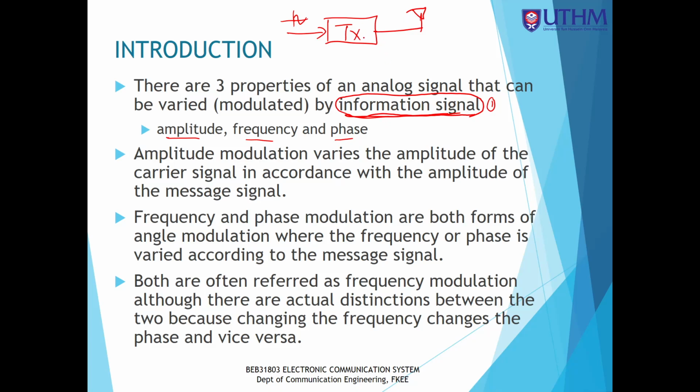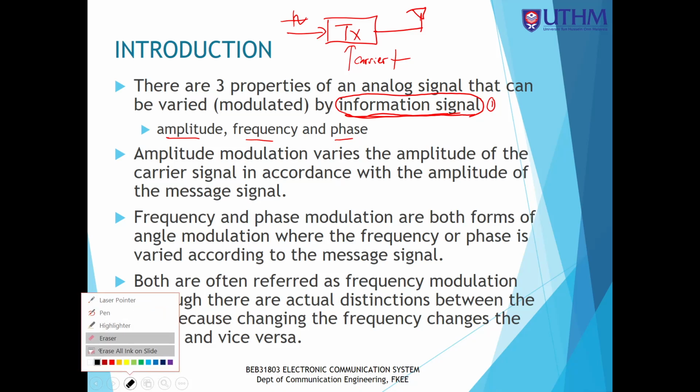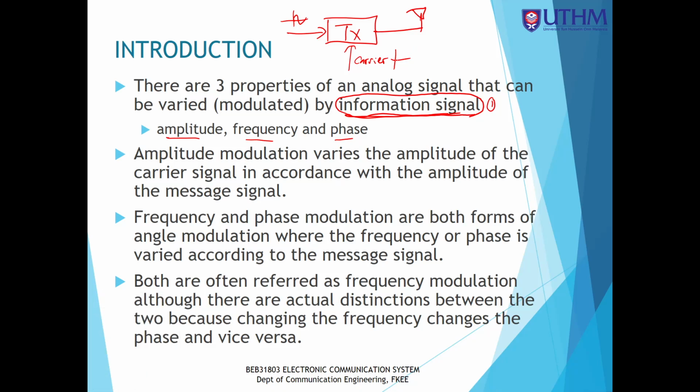Okay, so this will modulate with the carrier, the analog carrier. Both signals will mix and modulate inside the transmitter, inside the modulator. So the carrier and information signal will modulate in the modulator.